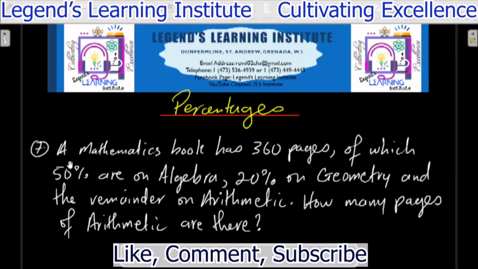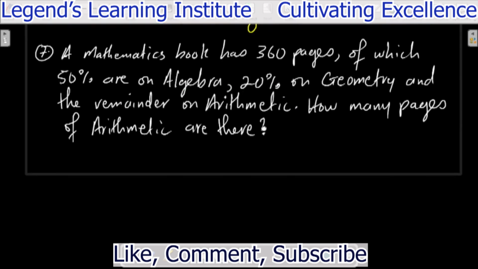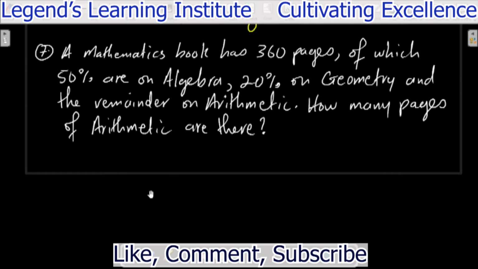So it says here for number 7, a mathematics book has 360 pages, of which 50% are on algebra, 20% on geometry, and the remainder on arithmetic. How many pages of the book are on arithmetic? So we have 360 pages in all.